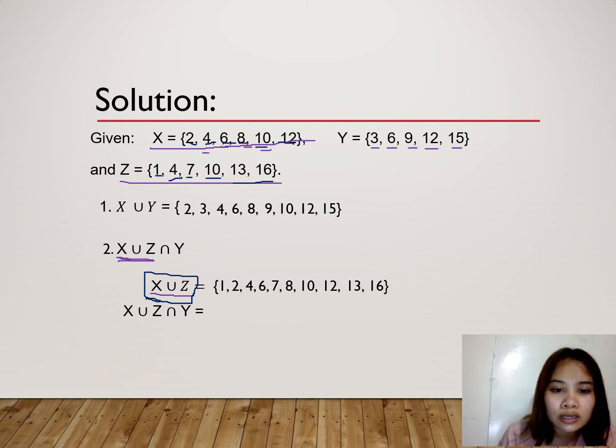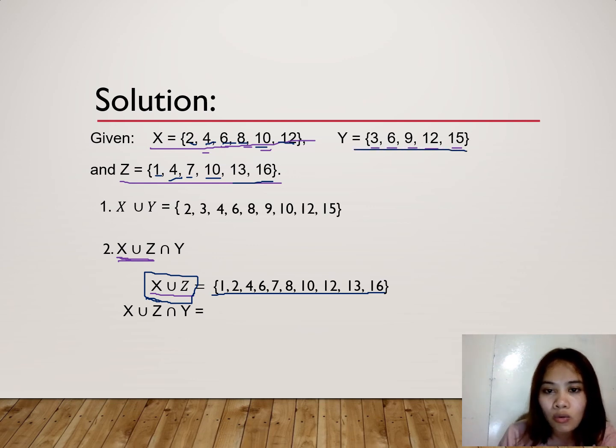Atong gamiton kay kani nga elements o ang elements sa Y. Unsa gani pasabot pag intersection? Common sa duha ka set. So, this set, we will use all these elements and these elements.